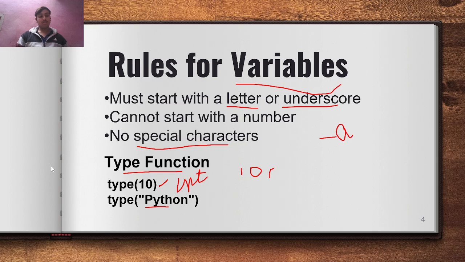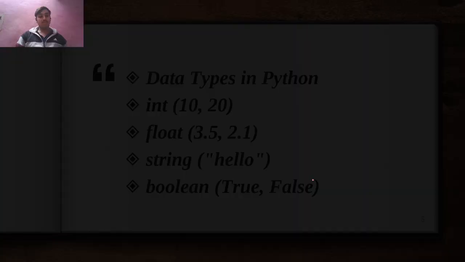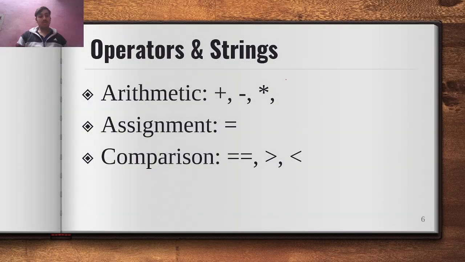Let's come back to the PPT. Okay, after data types there are operators and strings. Arithmetic operators, the name says it all. Arithmetic means plus, minus, multiply, divide, etc. Assignment operator means like there is 25.